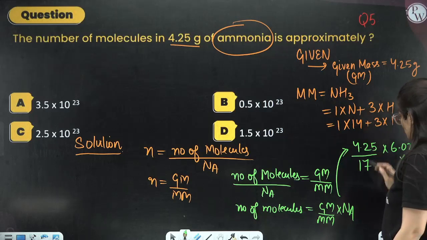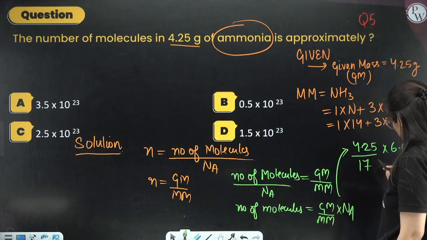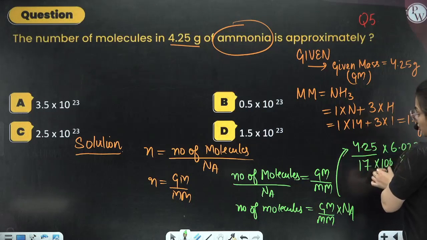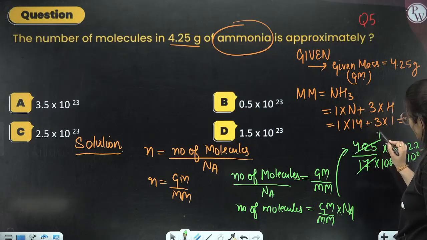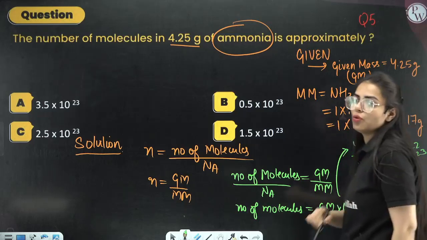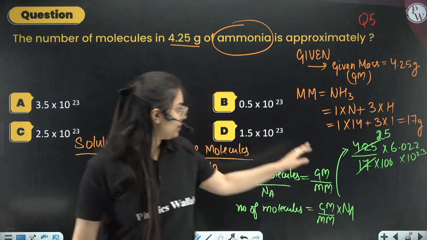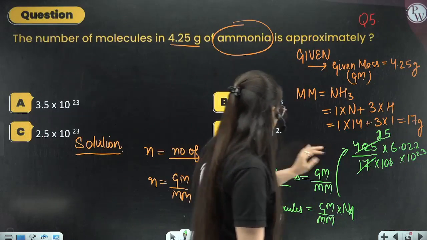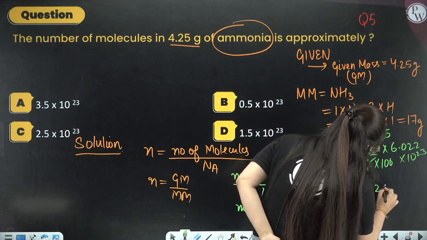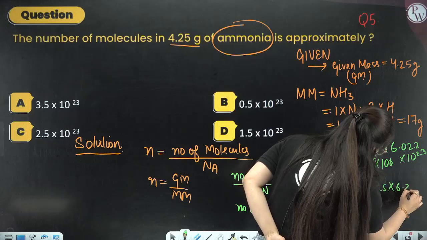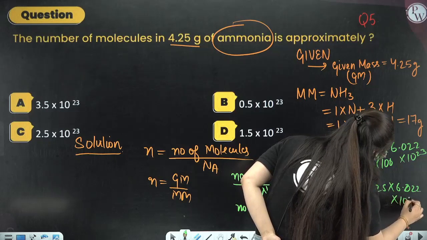Now when you solve this, let us take the decimal down. 4.25 I can write as 425 by 100. So 17 into 25 is 425. That means 25 into 6.022 into 10 raised to the power 23 is our correct answer.